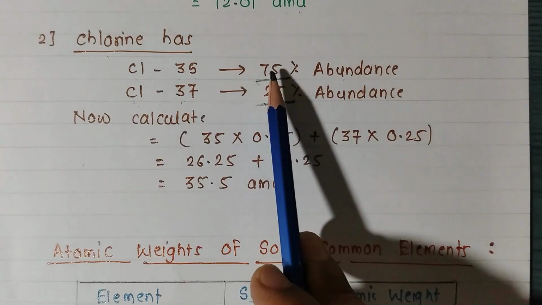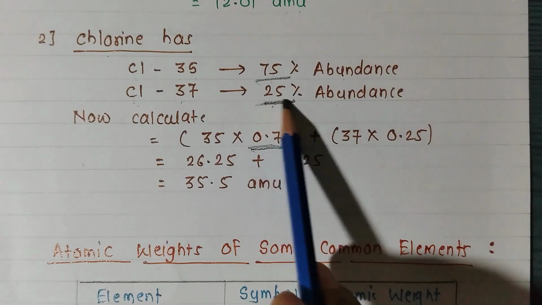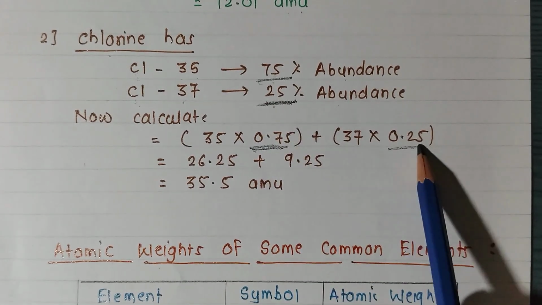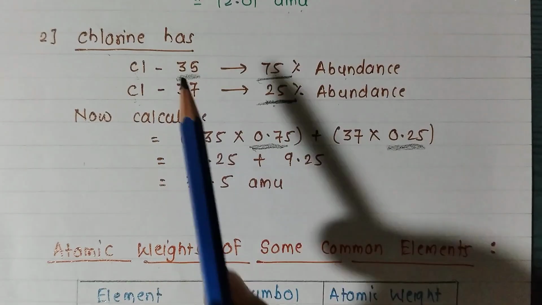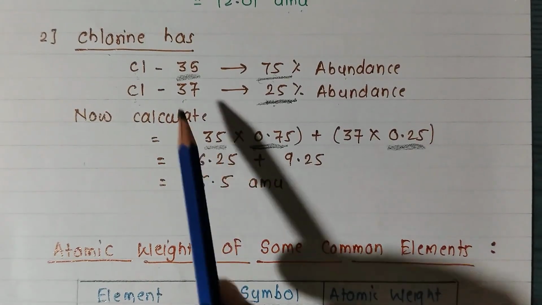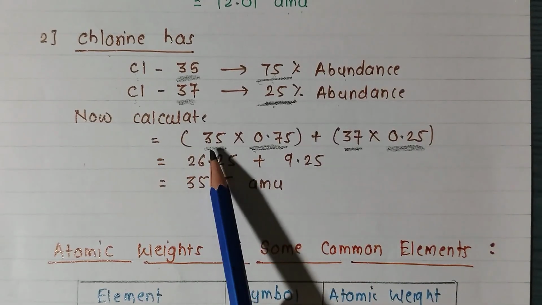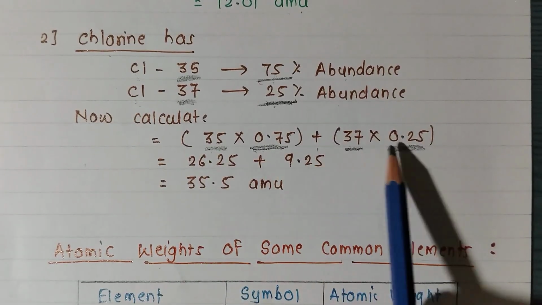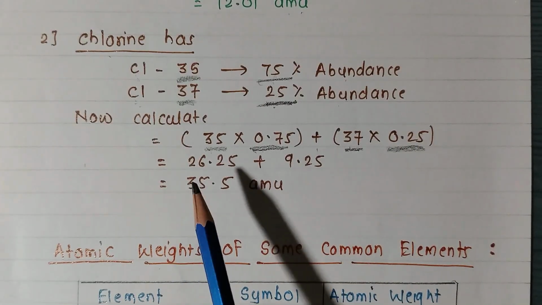So 75% means 0.75 in fraction form and 25% means 0.25. What is the mass for the first isotope? 35. What is the mass for the second isotope? 37. So mass into abundance plus mass into abundance is the atomic weight.